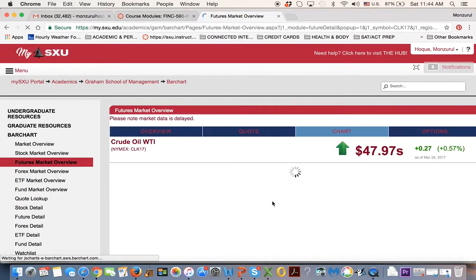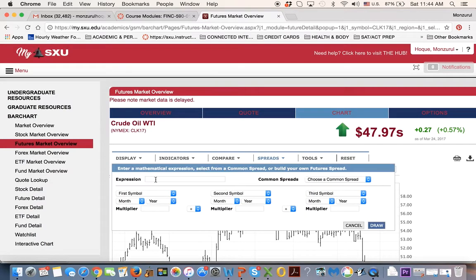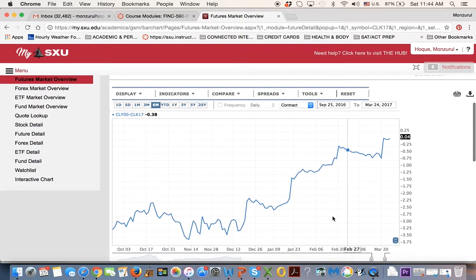And basis is known as spot minus futures. So there we go to the spread, and we say in the expression bar here CLY00, which is the spot, minus CLK17, and then we draw, and then after that we get a basis chart.